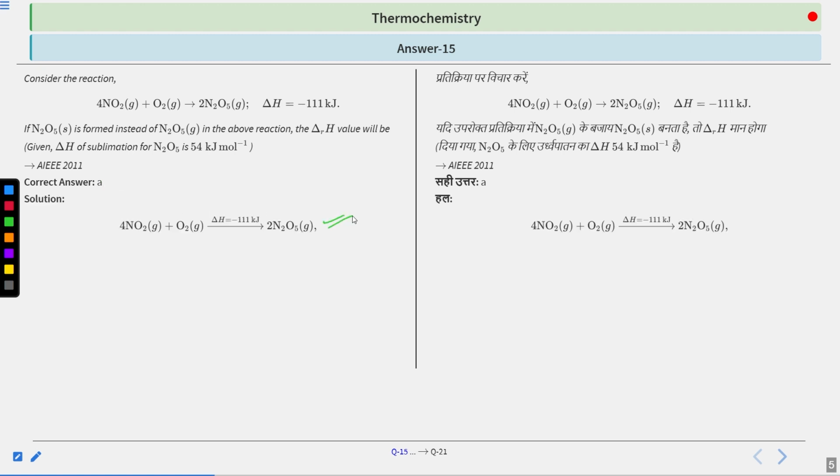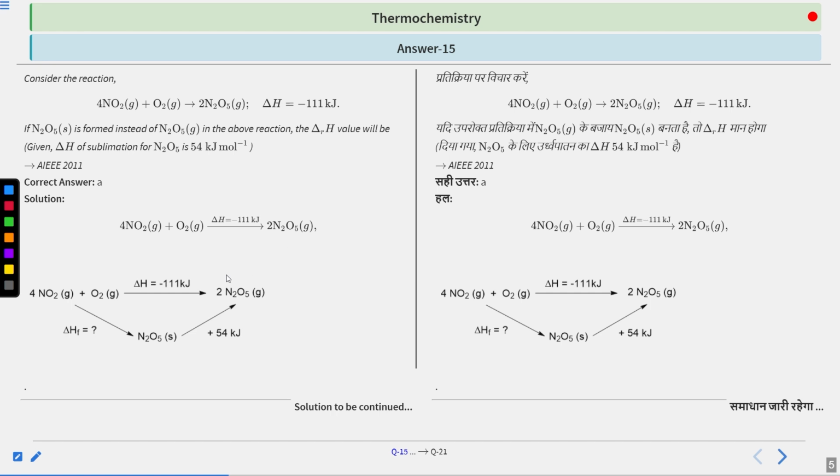So this thing is given, and we have written it. Now what are we doing? We are moving in this way. This is the direct approach. In the other case, we are moving from here to solid and then to the gaseous form. So we have split the reaction into two halves.